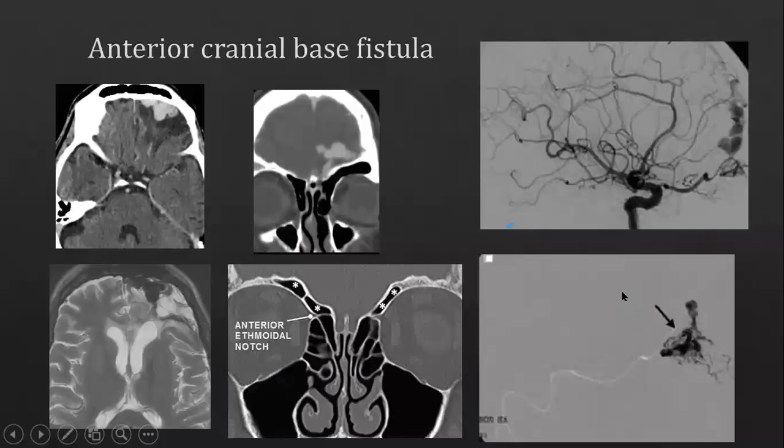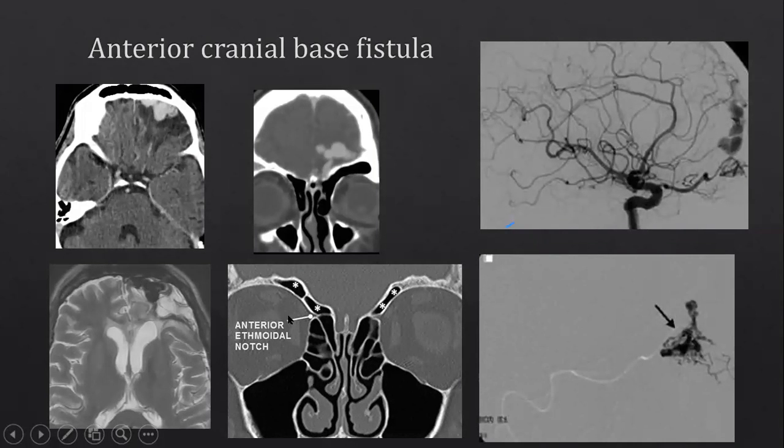This is a case just to show you the importance of understanding the anatomy. This is a patient who has hemorrhage with epilepsy because of a fistula at the anterior skull base. And what we are seeing here are the varices within the brain. These are the venous varices.